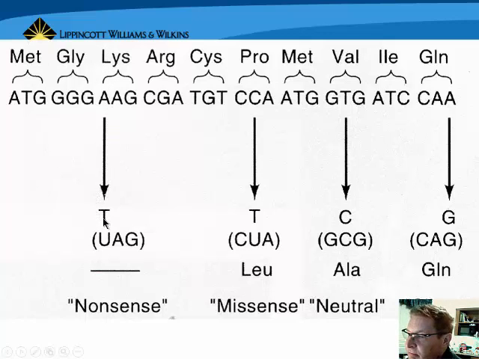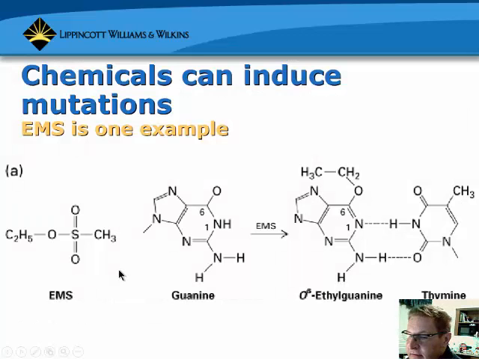So it's still making something, right? It's still making an amino acid, but it just doesn't make the correct amino acid, so it's a missense. And here finally, the nonsense mutations: if we take the A and make it into a T, now it doesn't code for any amino acid, so when you don't code for anything, you become a nonsense mutation.